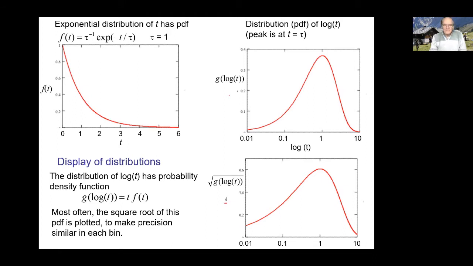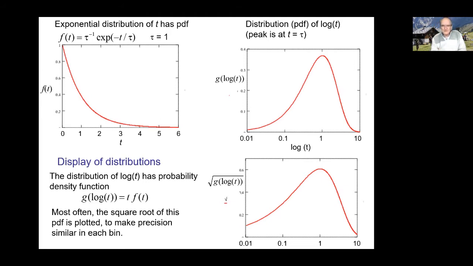But it's not a very convenient way to plot it. So the distribution of the logs of the durations is what's usually plotted. So we have a log scale here, 0.01, 0.1, 1, and 10. And if you plot the same curve in that way, it looks like this. There's a peak actually at the time constant, which was 1 in this case.